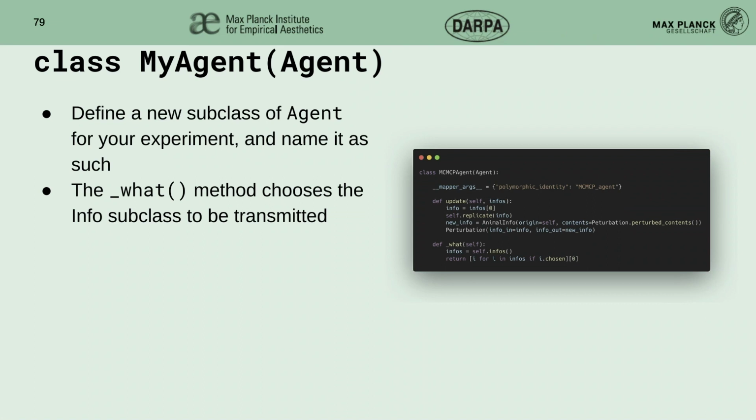So this what returns either exactly one info to transmit, or it returns a type of info and it transmits all of that type. If you want to return more than one info, all of those have to be of the same type, and it will transmit all of that type. I am aware I've said info a lot.